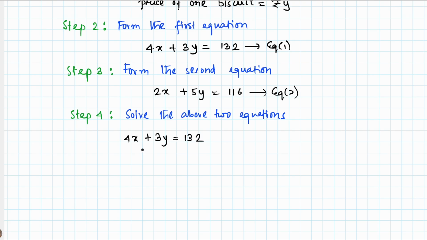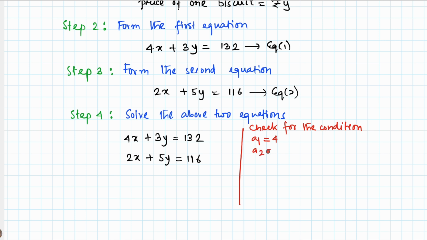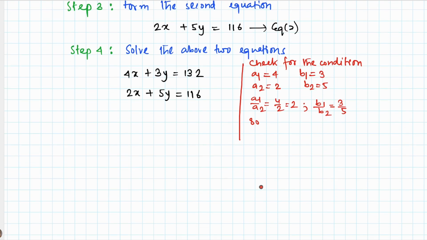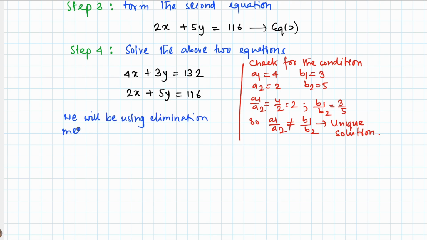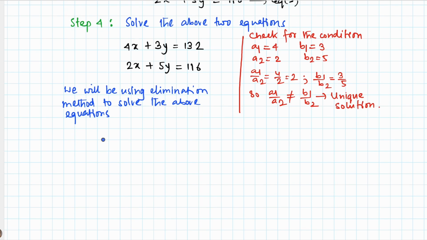So 4x plus 3y equal to 132, 2x plus 5y equal to 116. So check for the conditions, that is a1 equal to 4, a2 equal to 2, b1 equal to 3, b2 equal to 5. So we find that a1 by a2 is not equal to b1 by b2, which gives us the unique solution. So we'll be using the elimination method to solve the above equations.